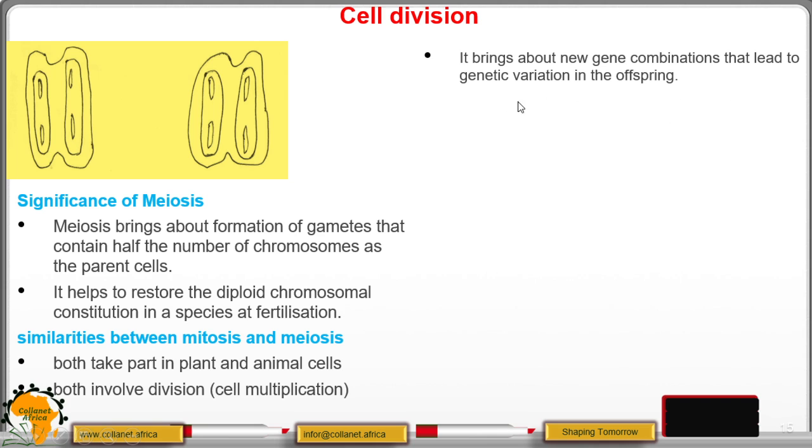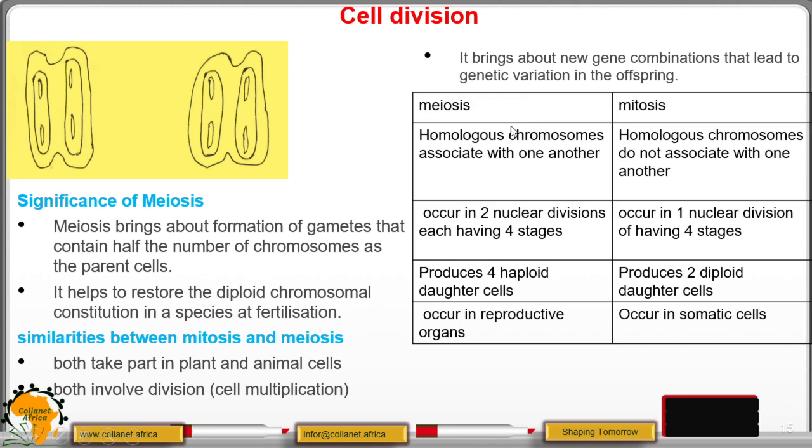And if there is variation, it means there are differences among the offspring or the young ones. And these variations or differences, sometimes they are good, sometimes they are bad. In genetics, we shall discuss these genetic differences in detail.